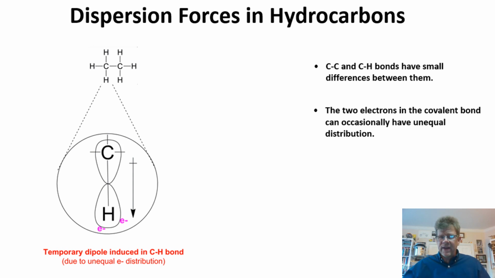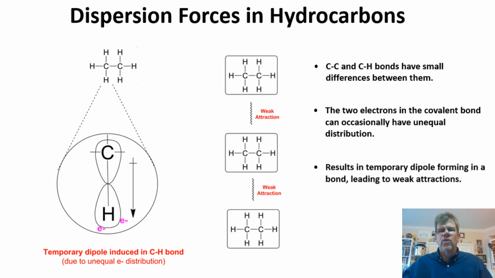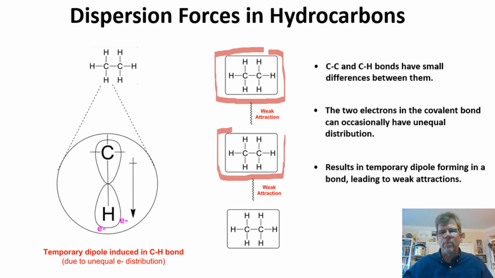So what that does is allow us to get what would normally have no attractions, just like the usual helium atoms. Now we start to get attractions between these normally non-attractive molecules, but it is a weak attraction.